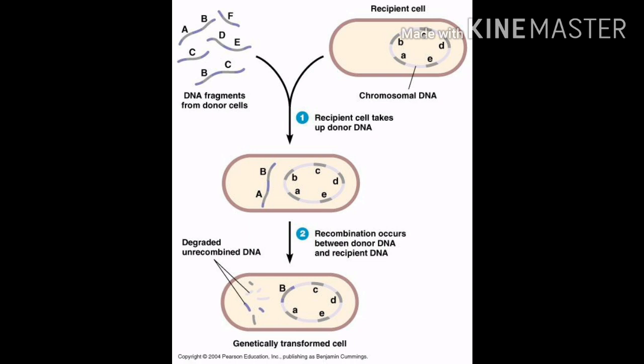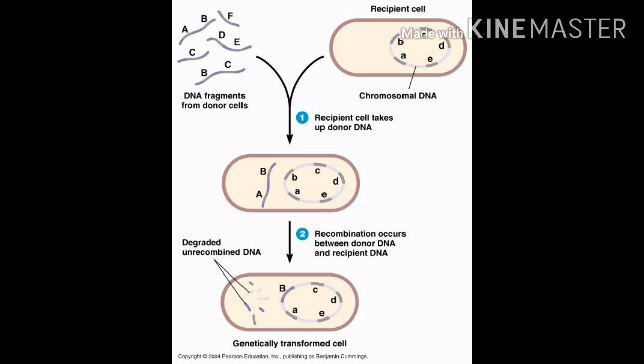If you see the chromosomal DNA of this recipient cell, these are small letters a, b, c, d, e. Now these fragments have the capital letters A and B. So one of the fragments is incorporated into this recipient cell. In the next step, what will happen? There will be formation of recombination.